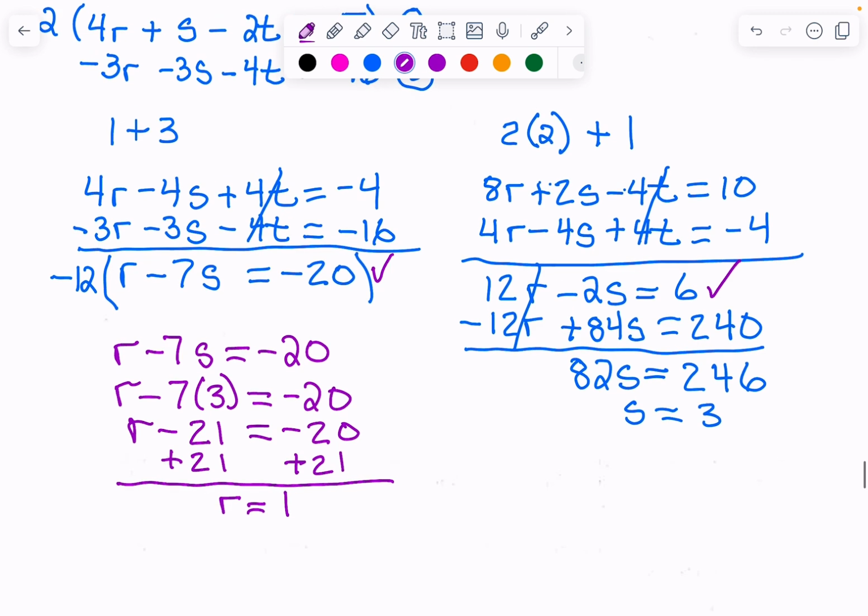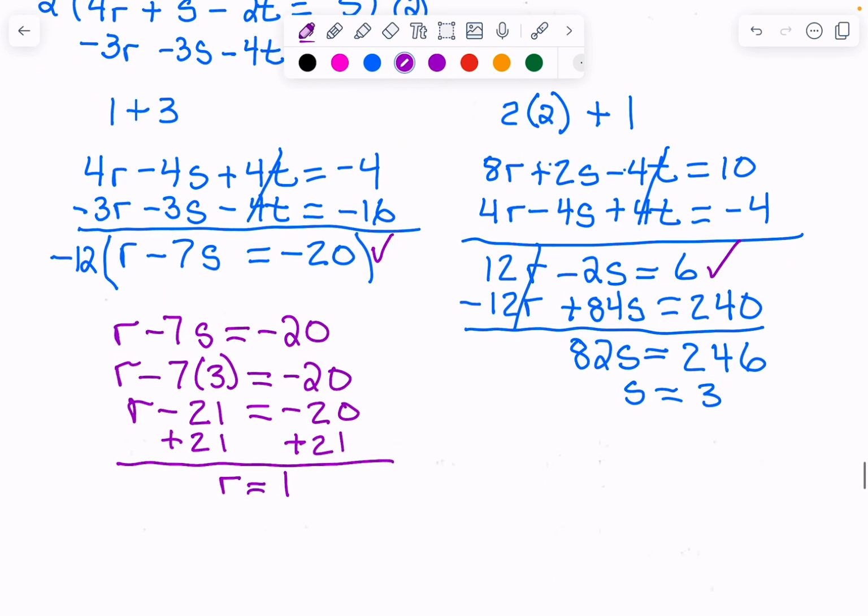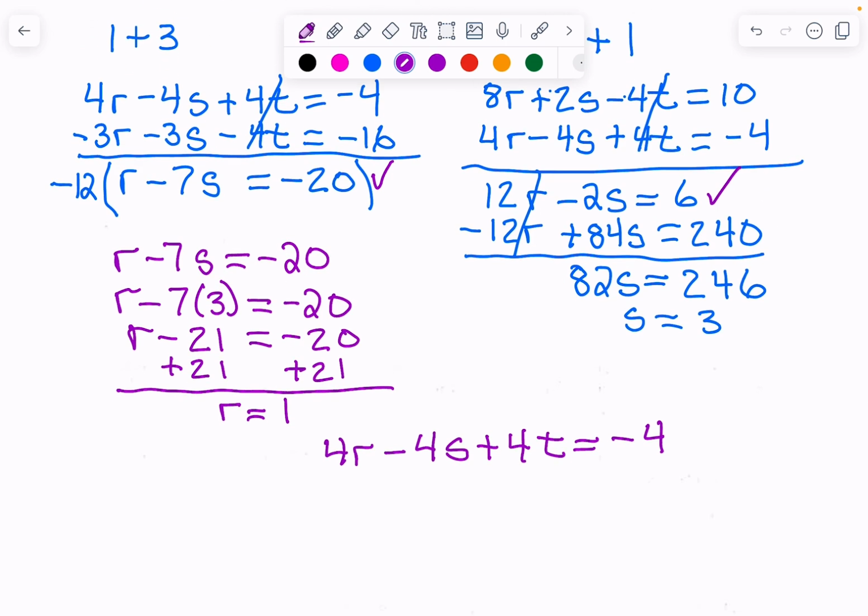I'm going to use the first one, 4r minus 4s plus 4t is equal to negative 4. Okay, so we're going to plug in 1 for r, 4 times 1, minus 4 times 3 for s, plus 4t is equal to negative 4.